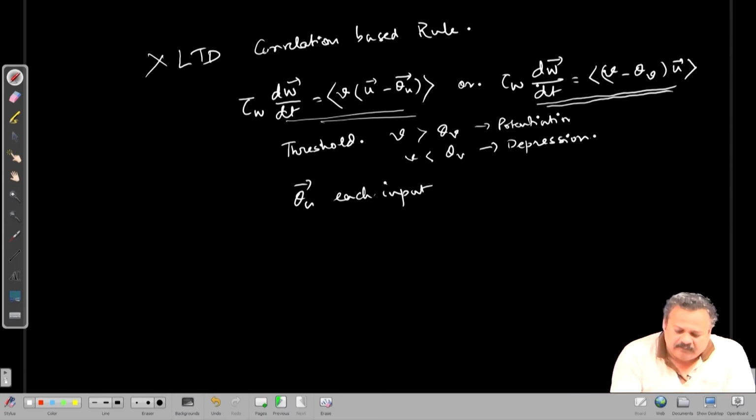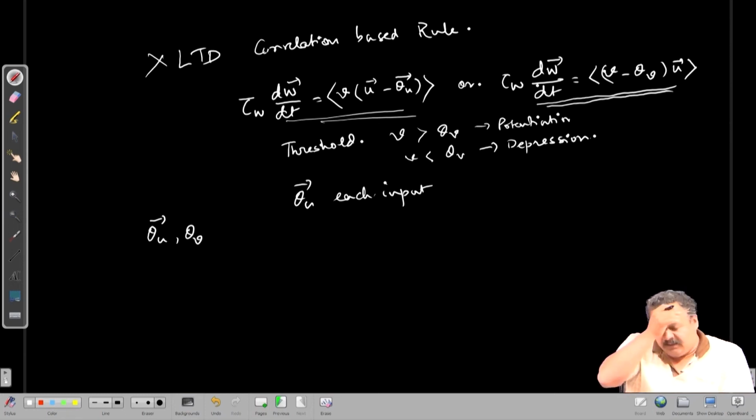We can have both of them. The mathematical treatment gets a little complicated when we have theta u and theta v, both of them in the system. But our treatment here will follow one of the two.